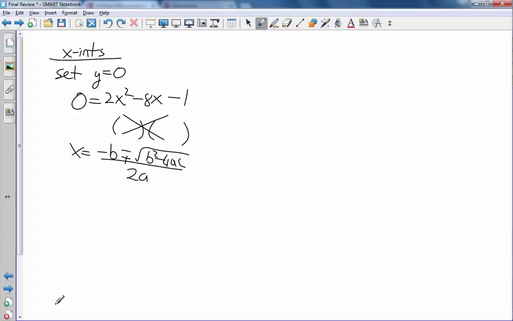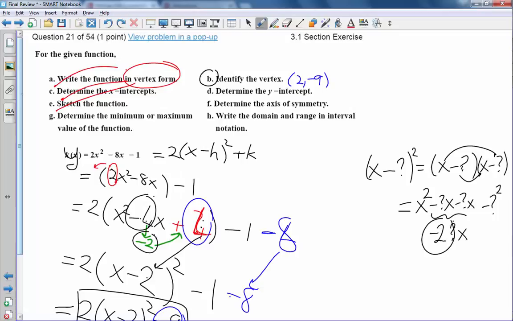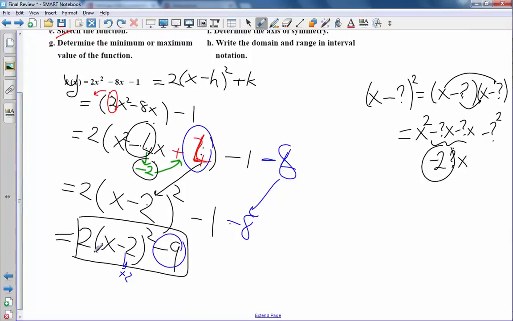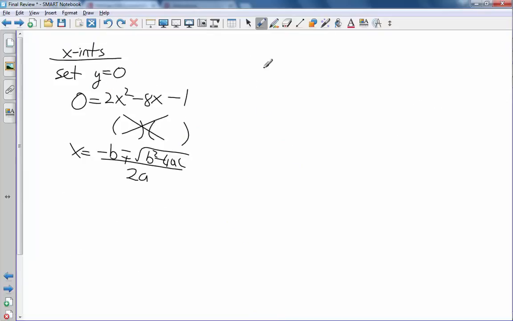I'm wondering, we already suffered enough to find vertex form and got something really valuable. What is it? Vertex form. I'm wondering if I can use this equation instead of this one to get the x-intercepts. Instead of this, I will just set this one to 0. And you will see how much better this one is.